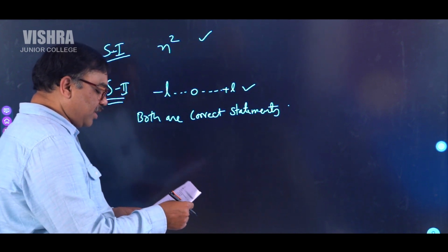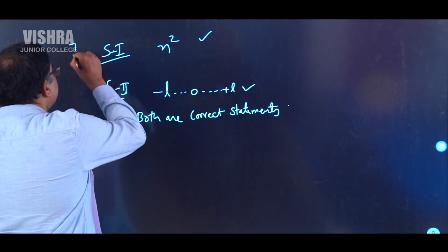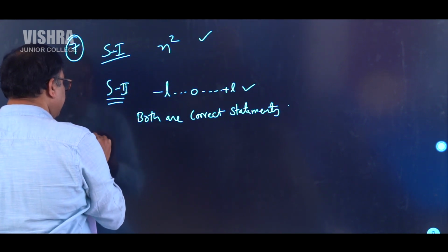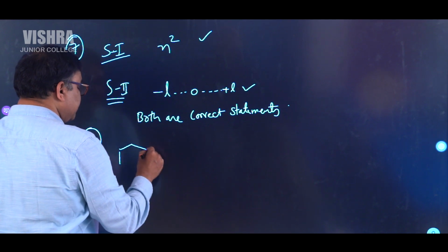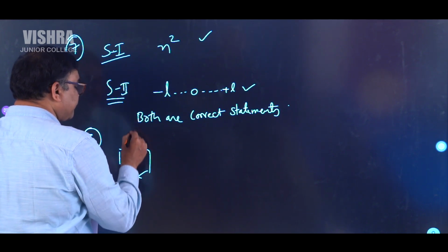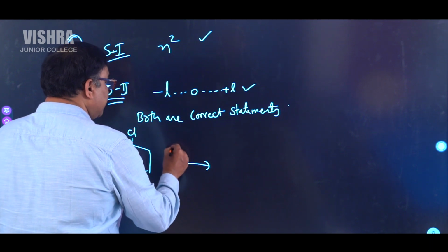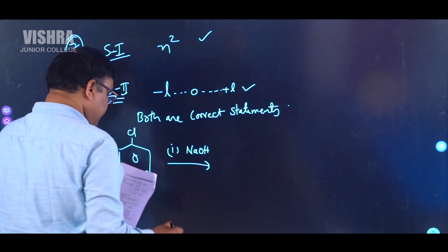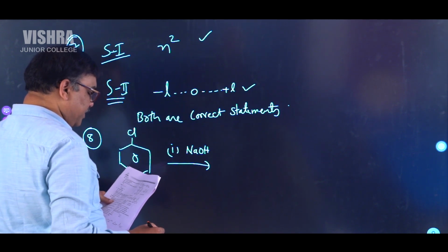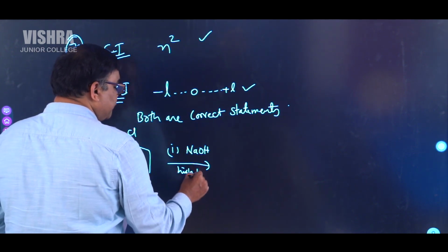8th question is an organic based question. So, let us see what is this. This one is 7th one. I am teaching the 8th one. Chlorobenzene is taken. To this chlorobenzene, first NaOH is added at very high temperature and pressure.